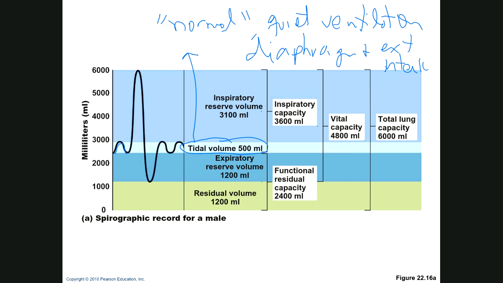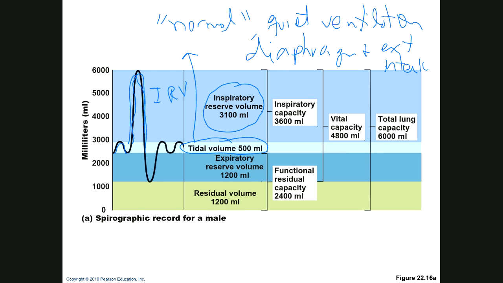Now, if we use extra muscles when we're breathing in, like the scalenes, the sternocleidomastoid, the pectoralis minor, we could breathe in more air than the tidal volume. This is called the inspiratory reserve volume, IRV.